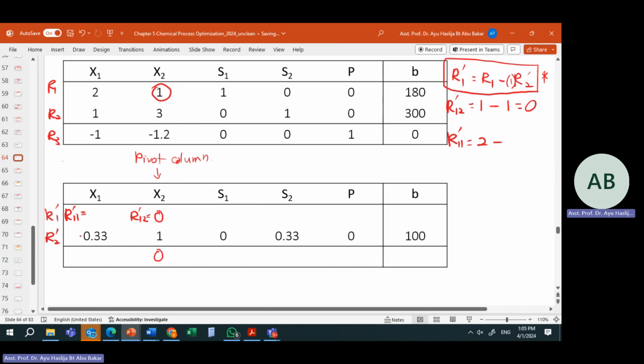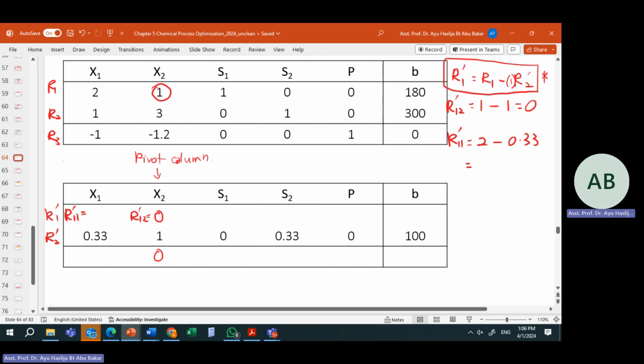R prime 2 here is 0.33. What do you get?